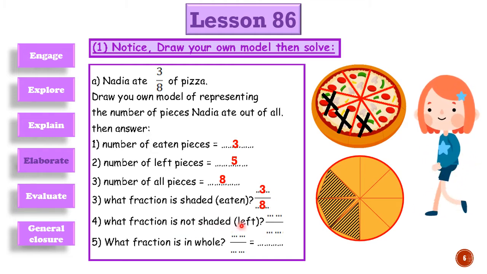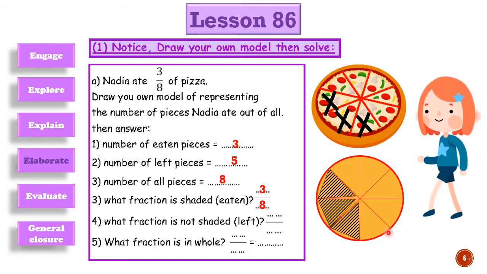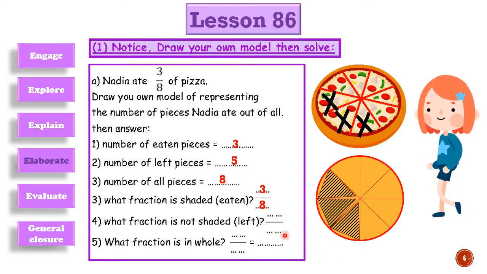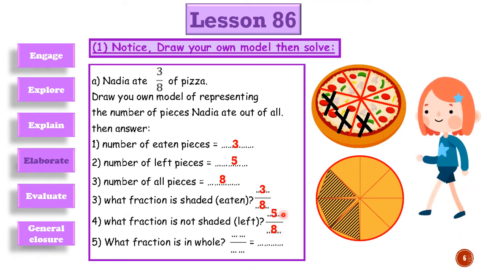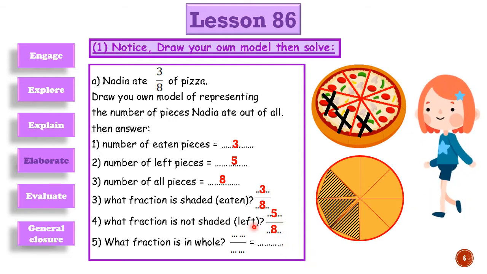Not shaded, meaning left, not eaten yet. It will be 1, 2, 3, 4, 5. 5 parts in the numerator and all parts will be 8 in the denominator. We will write first our denominator, which is 8, and the not eaten parts, which is 5. It will be 5/8, not eaten yet or left.